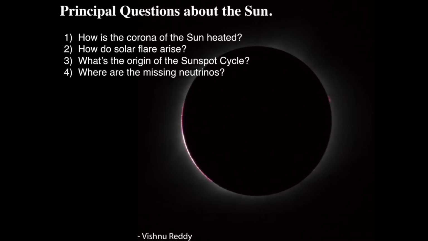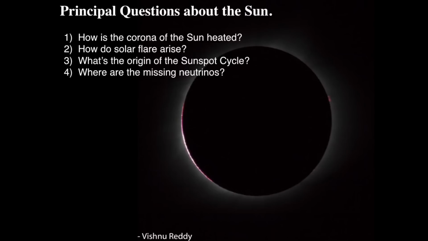Some other outstanding questions about the sun, which we might not actually get to, but might in future, are: how does the corona of the sun get heated? Nobody really knows. The complexity with which a solar flare arises is still an open question. It's mostly open, but the basics are understood.